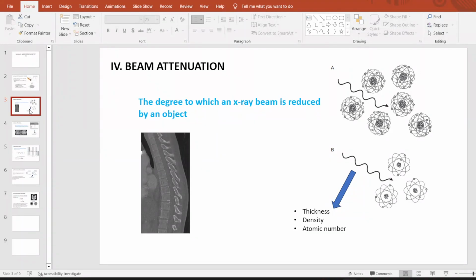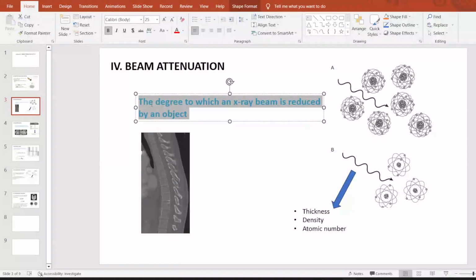Beam attenuation is the level to which the beam intensity is reduced by going through the object. Just like the blue line right here, you can see the degree to which an X-ray beam is reduced by an object. You can imagine that our body, the patient, is a barrier, and when the X-ray meets the barrier, it loses its energy, it loses its intensity.